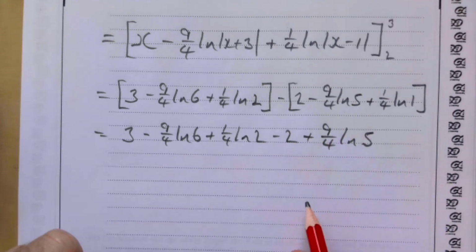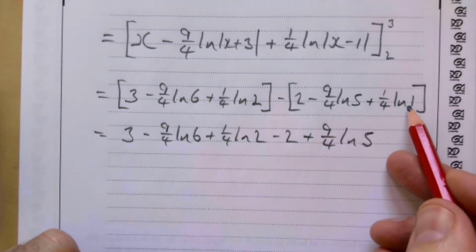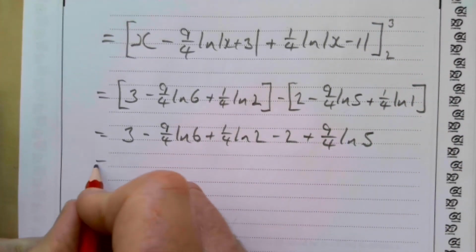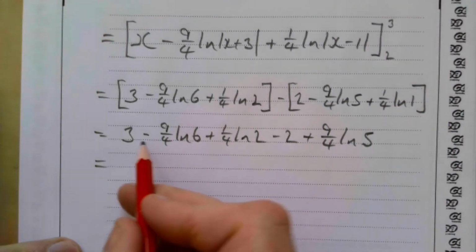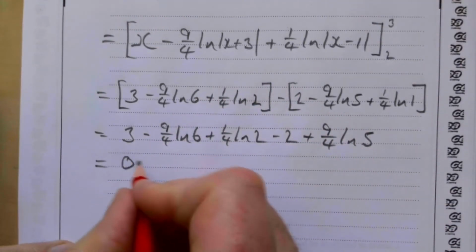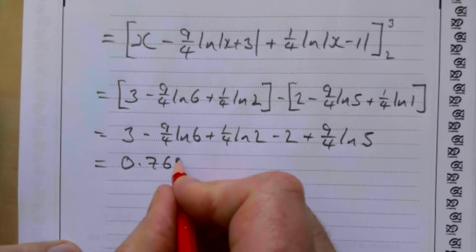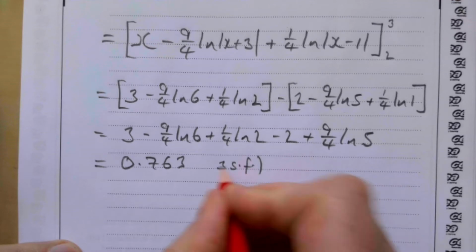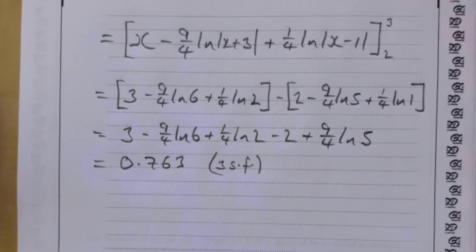Sorry, the quarter ln 1 of course disappears. Ln of 1 is just 0, so that's okay. And for the final answer, plug all that into your calculator and you should end up with 0.763, to 3 significant figures.